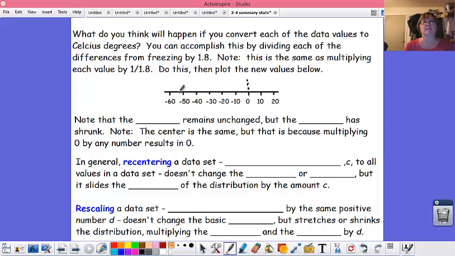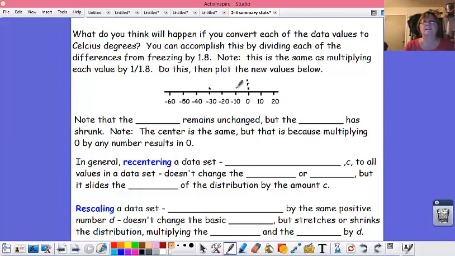Then we've got to think. We had a negative 54. Negative 54 divided by 1.8 is negative 30. Negative 18 divided by 1.8 should be 10.